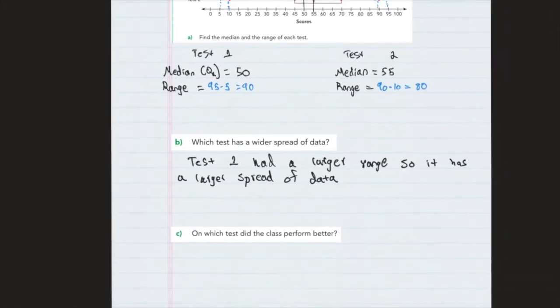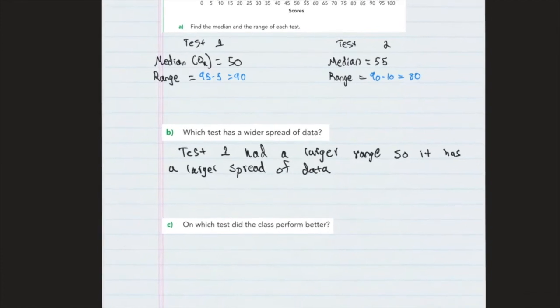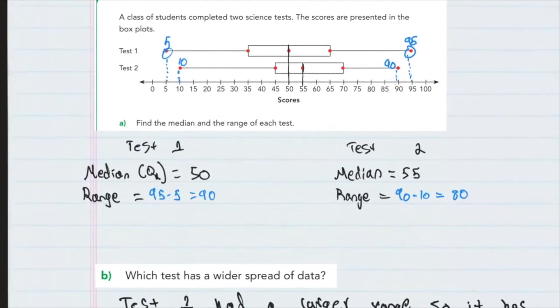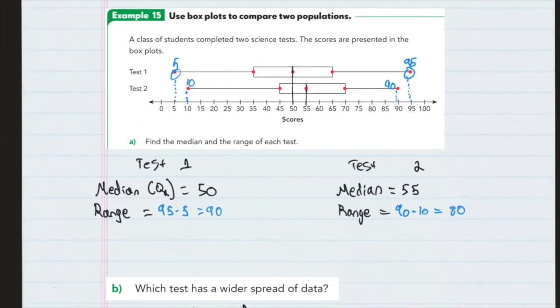In part C, we're asked, on which test did the class perform better? And if we just take a look at the data again, and I'll erase it so we can see it better.